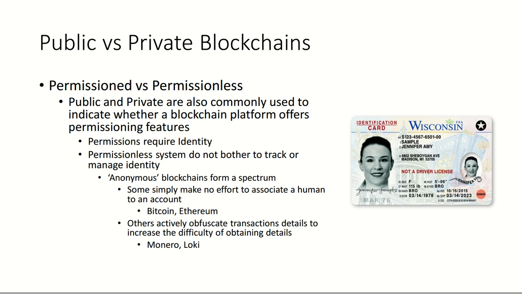So just understand when you hear this term anonymous in the blockchain world, whoever is using that term could be referring to any point along this spectrum between not that hard to find out who the end user is, but the platform won't help me, to the other end of the scale where the platform is actively trying to thwart my efforts to figure out who the individual participants are.